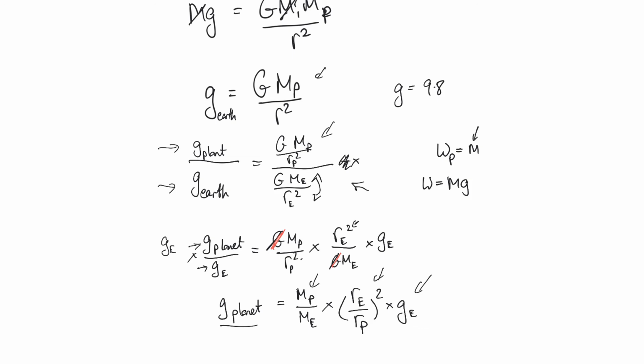The mass doesn't change, it's just how much matter's there. But the gravity will change, and you'll be able to use this equation to find out the gravity. And sometimes this is done comparing it to Earth as well. So you're given a mass on Earth, the weight on the planet maybe, and then you need to find gravity on that planet. So a couple of different ways to find gravity on another planet.